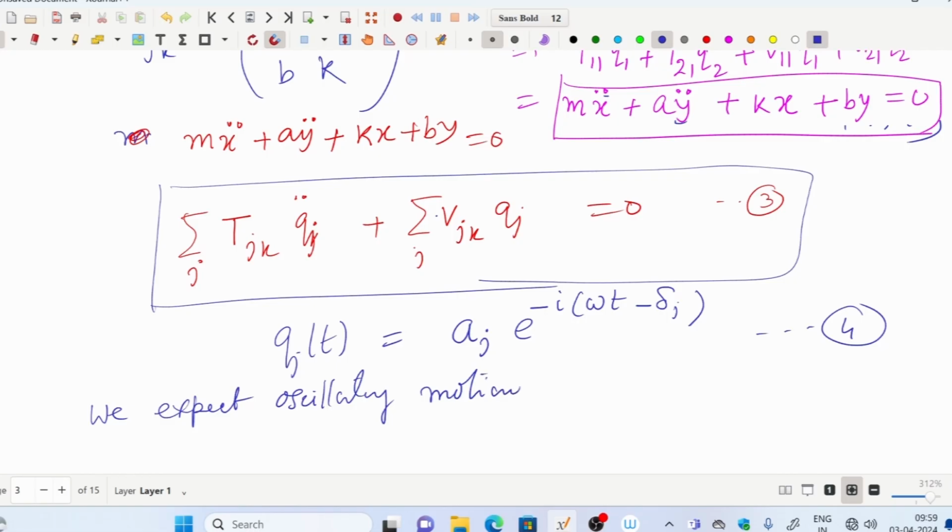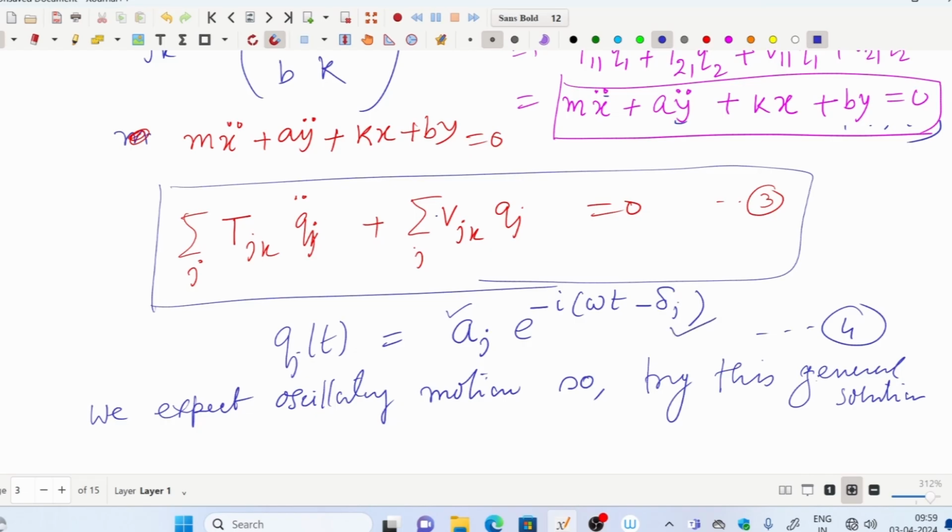It is natural because the equations are second order differential equations, so we will have two constants, the amplitude and the phase.